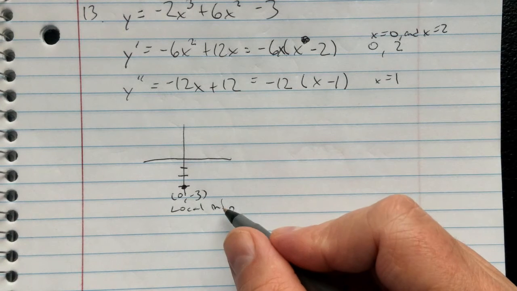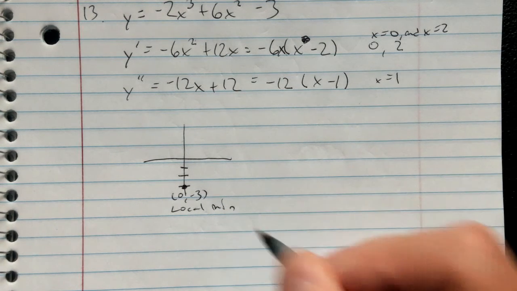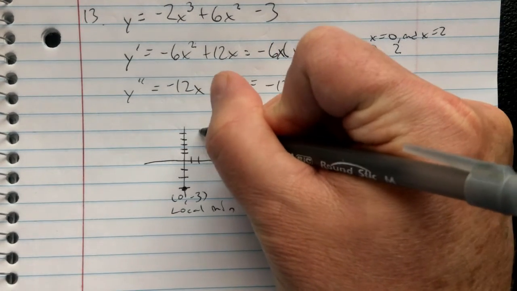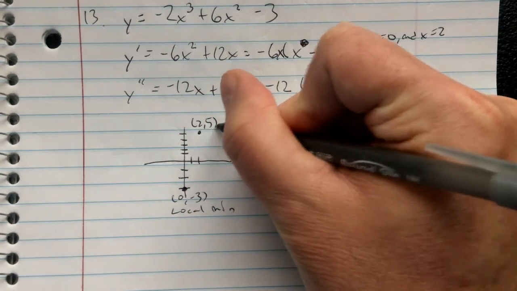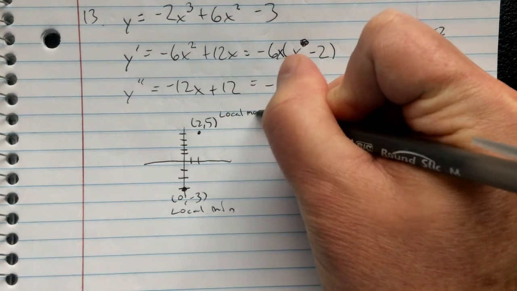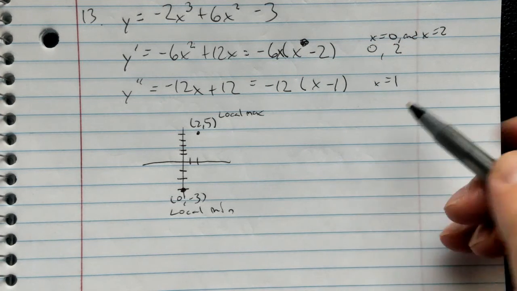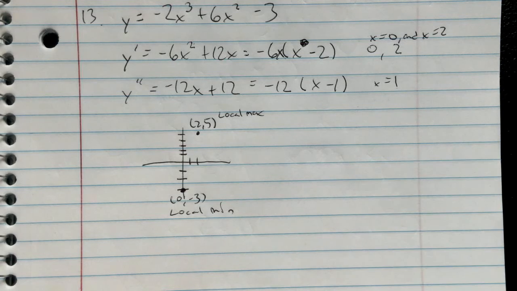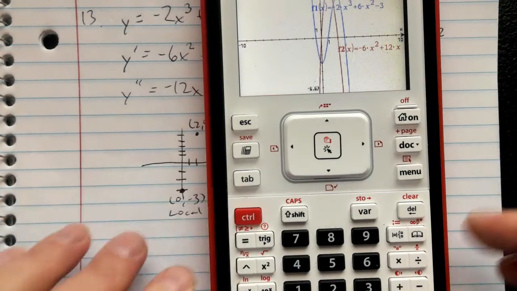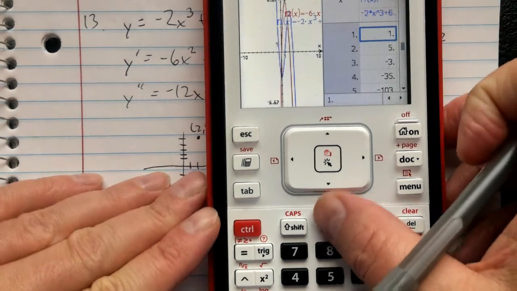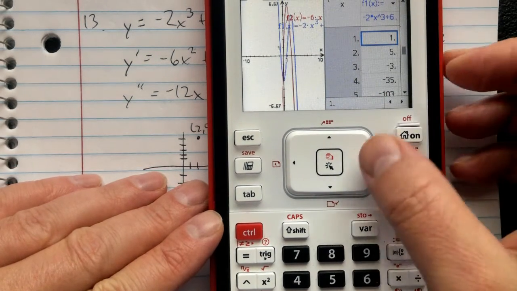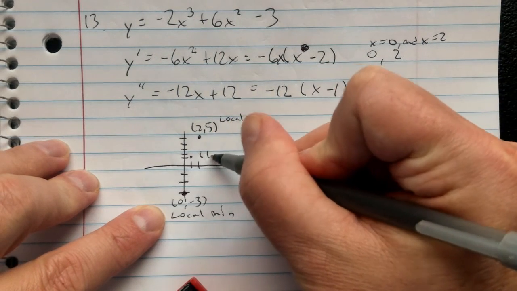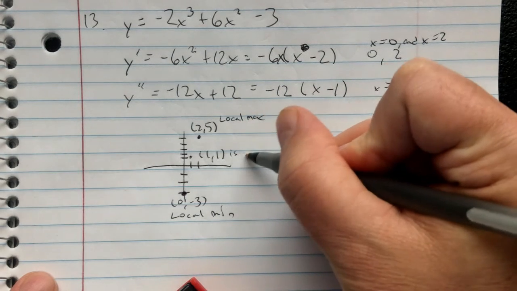And at 2, 5, this is a local maximum. Now we need to pay attention to x equals 1. So what I'm going to do is go to my table, Control T, and at 1 I get 1. So 1, 1 is an inflection point.